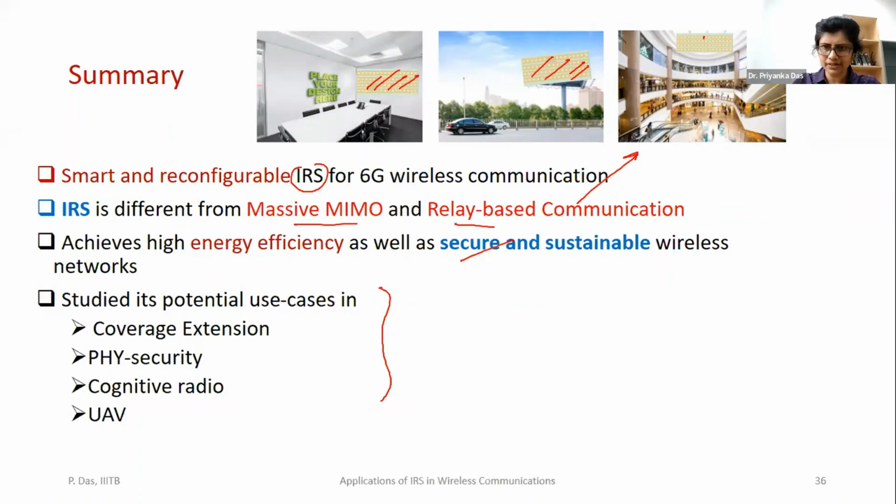Millimeter wave coverage extension can be done through IRS. Now the problem is channel estimation, which has to be worried about. With multiple beams, yes, you have to worry about how to do beamforming at millimeter wave. That will be different. So there is research going on in millimeter wave IRS deployment.